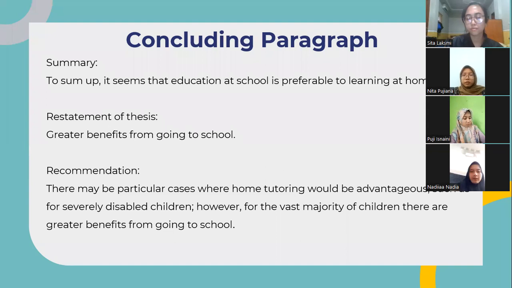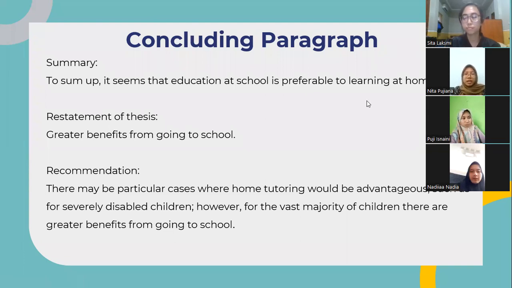However, for the vast majority of children, there are greater benefits from going to school. This is a difference between the concluding paragraph in the one-sided and the two-sided essay.